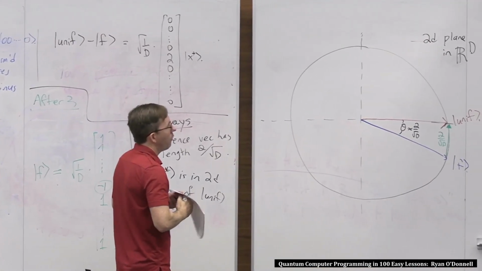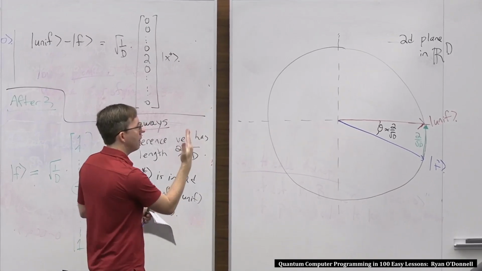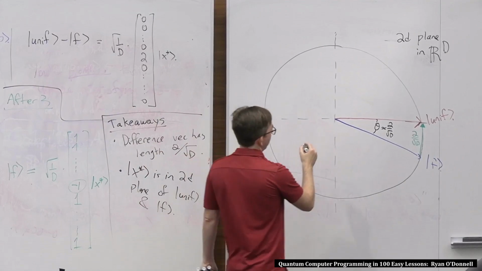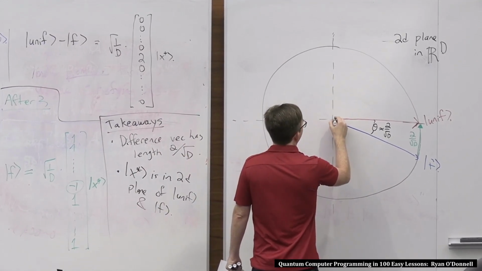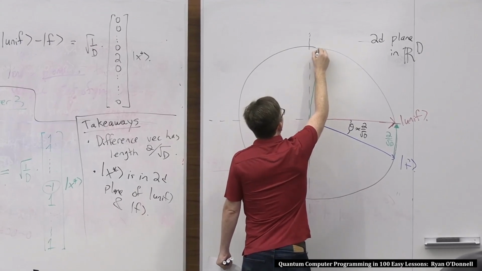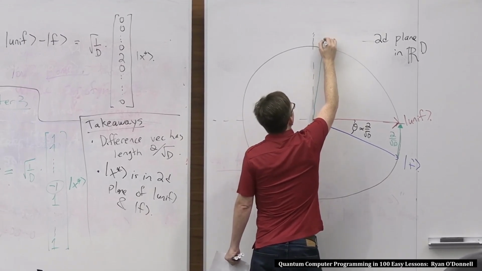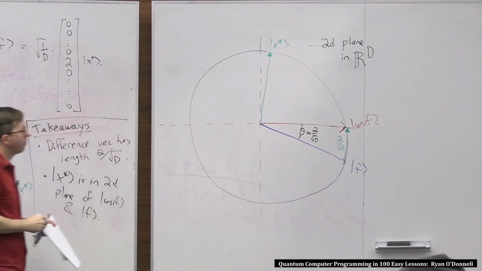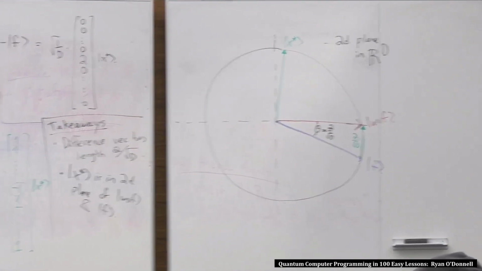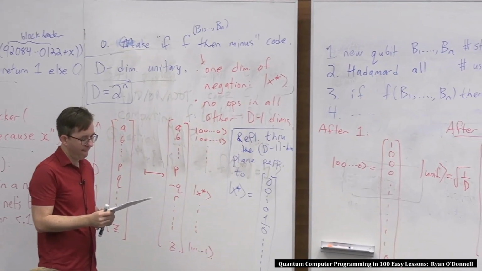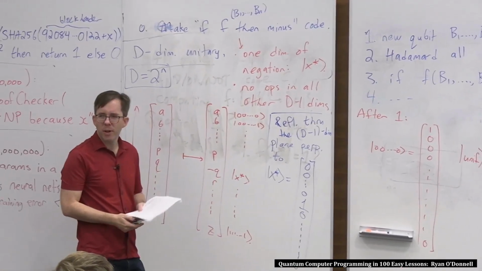So it's very slightly tilted away from vertical, and it's unit. So it's like this. That's the difference vector scaled, so that's ket x star. Okay, any questions about this picture?